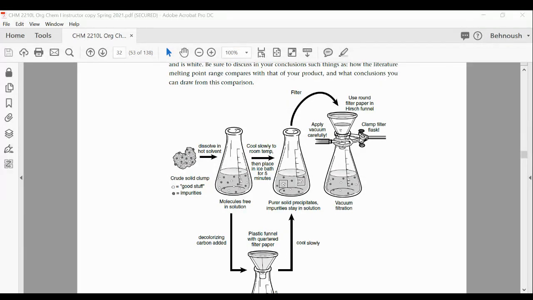Hi, Dr. Mamari. I also have another question in general. Sure. For the lab notebook for experiment 3, recrystallization, I didn't have a chart, but after the procedure I listed the volume of aniline, and then I put blanks for density and the mass of aniline, a blank for the mass of acetanilide, the melting point of acetanilide, and a blank for the literature value for the melting point of acetanilide.